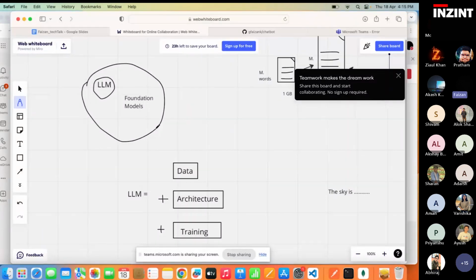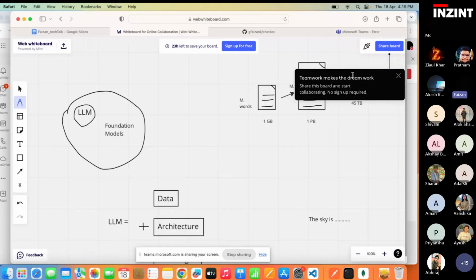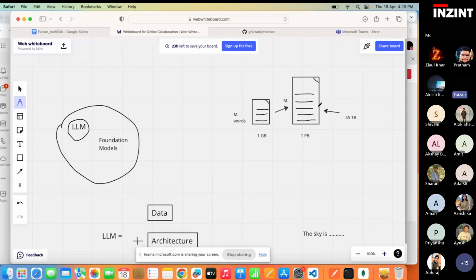Now, large language models are trained on large data sets of text, such as books, articles, and conversations. And when we say large, these models can be tons of gigabytes in size and trained on enormous amounts of text data. We are talking potentially petabytes (PB) of data here.